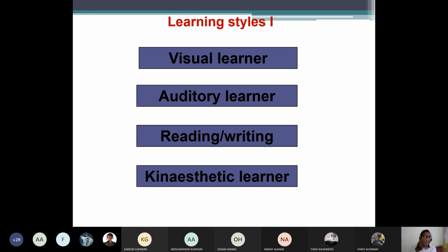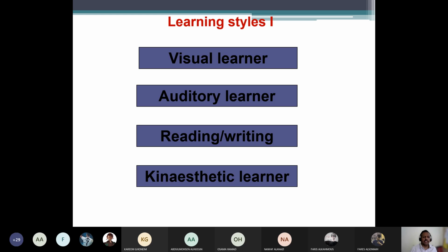They are reading the things visual as well as they are writing with their pens, and they are called as the visual and reading and writing learner. Kinesthetic learner is the one which are related to performance. Kinesthetic means movement, actually movement of your hands or something. So those learners who learn by doing, they are called as kinesthetic learner.